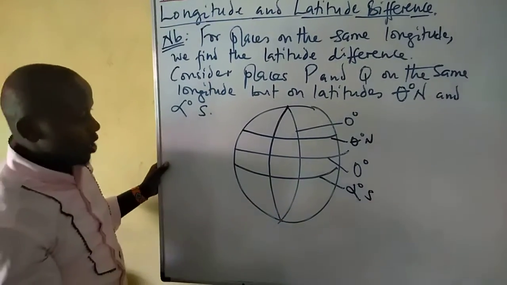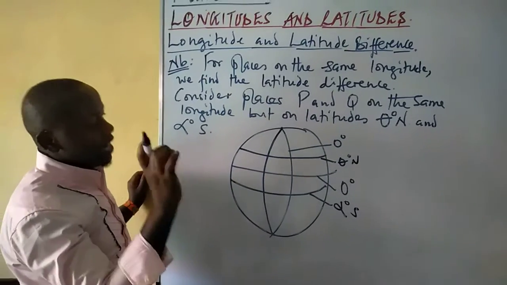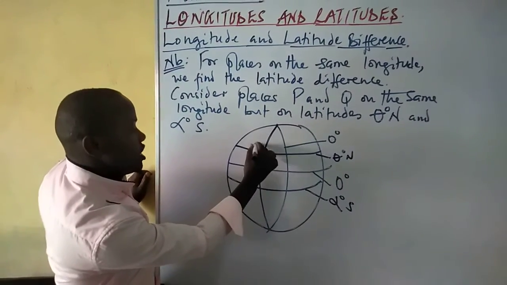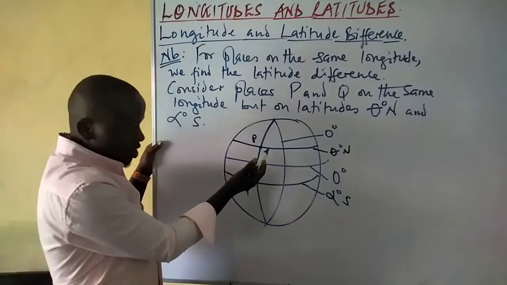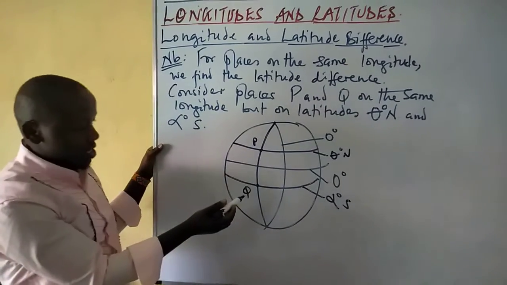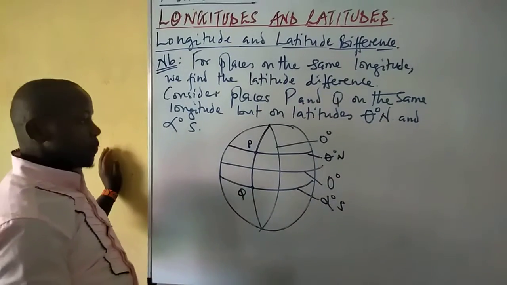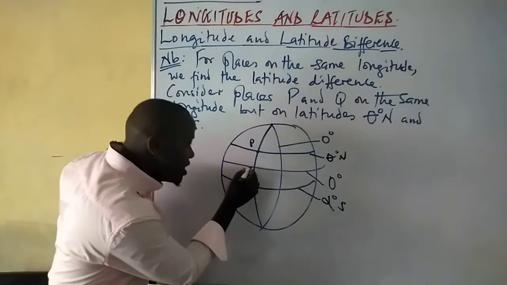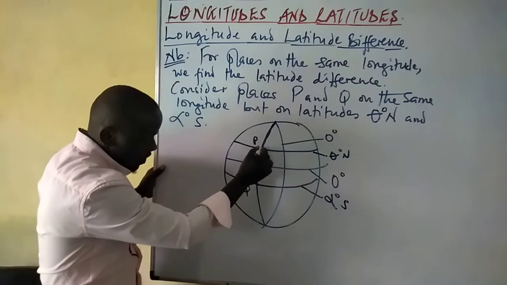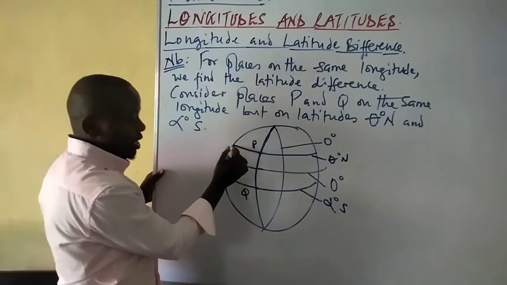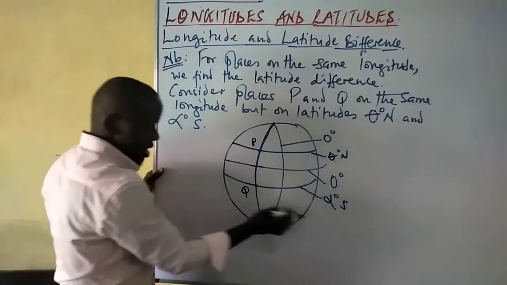Then what we are calling the latitude difference is the difference between the latitude on which P is lying and the latitude on which town Q is lying. We can see they are on opposite sides of the equator. P is on latitude theta degrees and Q on latitude alpha degrees.